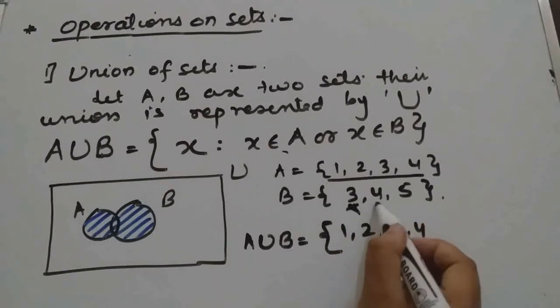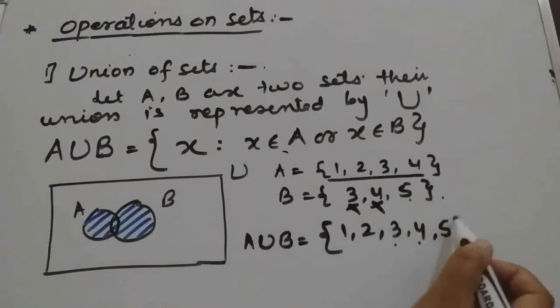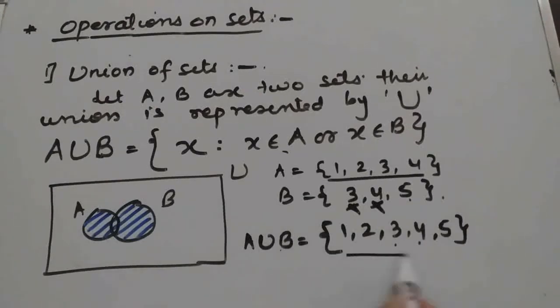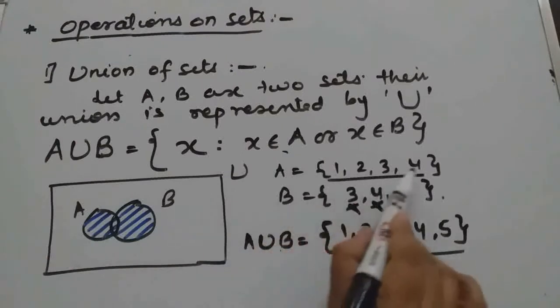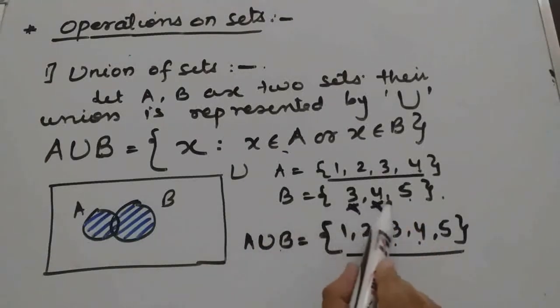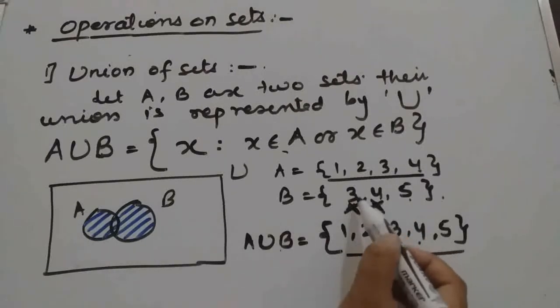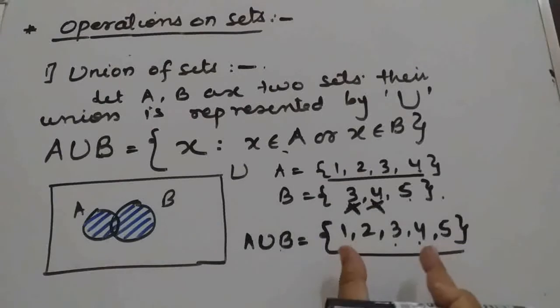The next element in B is 4, which is already in A ∪ B, so don't write this. The next element is 5, so A ∪ B will be this set. You can write using this trick: first write all the elements of A, then write the elements of the second set B, but ignore or avoid those elements which have already been included.